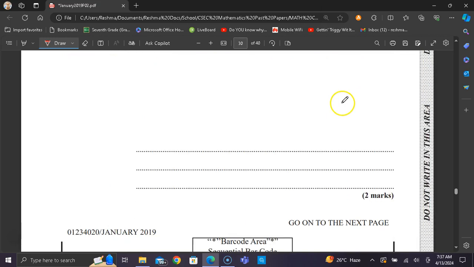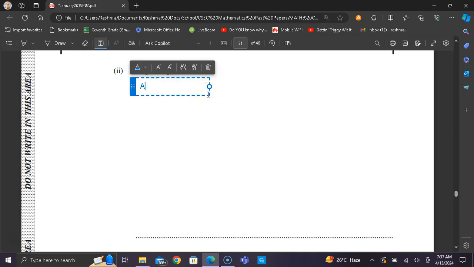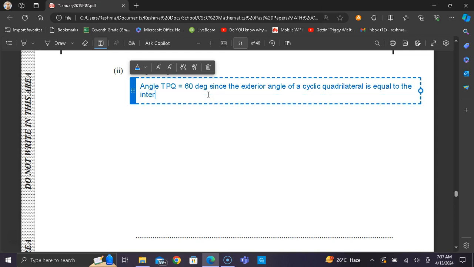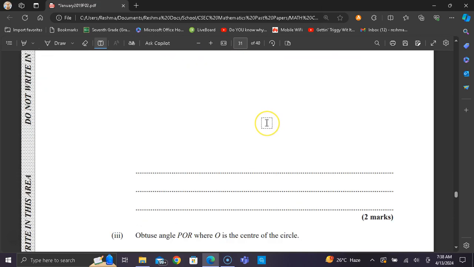So the reasoning for this angle: angle TPQ is equal to 60 degrees since the exterior angle of a cyclic quadrilateral is equal to the interior opposite angle. That's 2 marks for that angle.